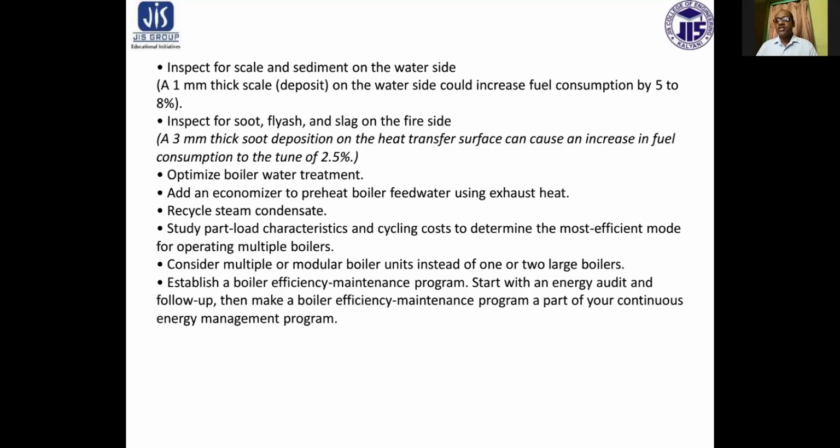If some deposition takes place, the slag or fly ash will stick to that and remain in the furnace, so it will reduce the efficiency of the furnace. It is estimated that a 3 millimeter thick soot deposition on the heat transfer surface can cause an increase in fuel consumption to the tune of 2.5%.